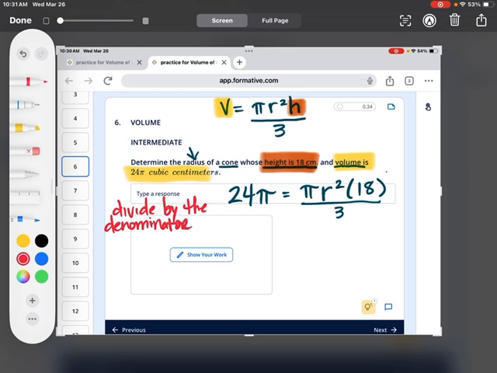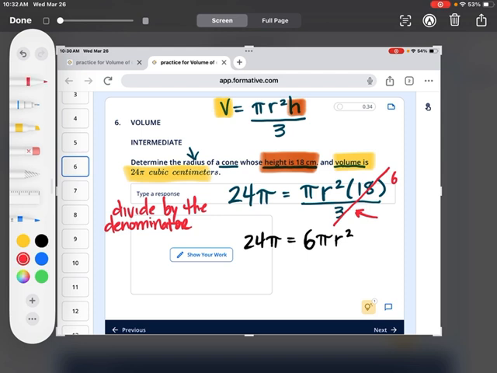So we can do our division just to clean this up. 18 divided by 3 is 6. So my equation is now 24 pi equals, I'm going to put the 6 first, actually. The 6 is left, 6 pi r squared. Everything else in that formula has reduced.